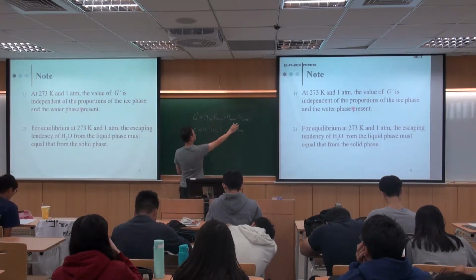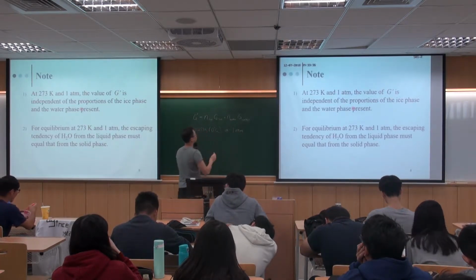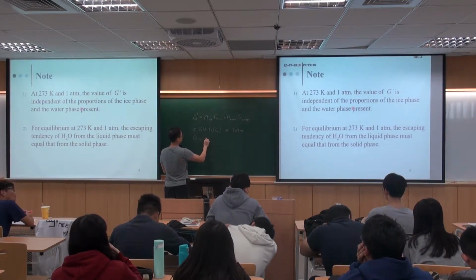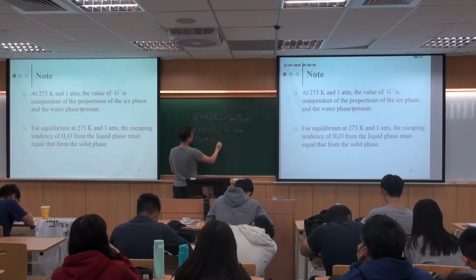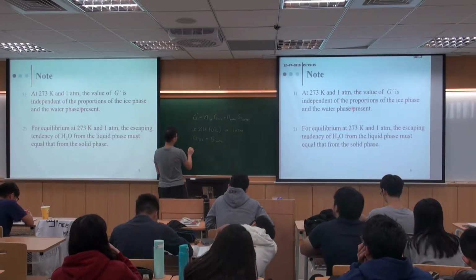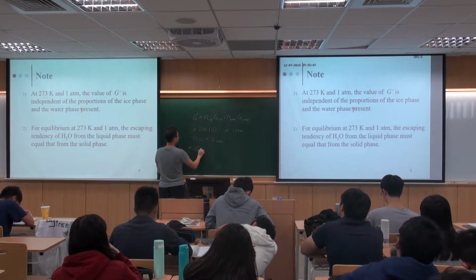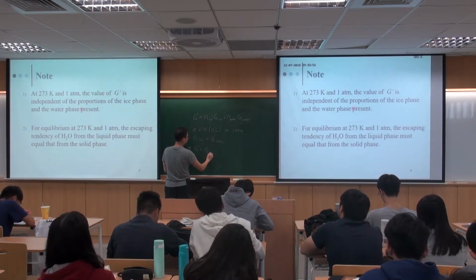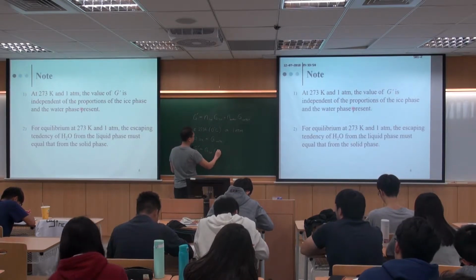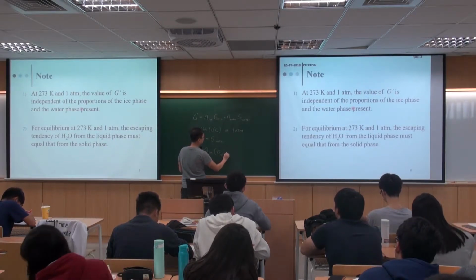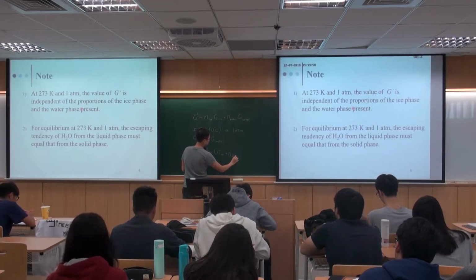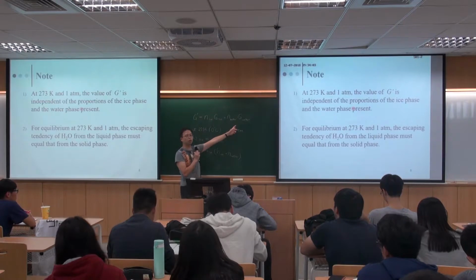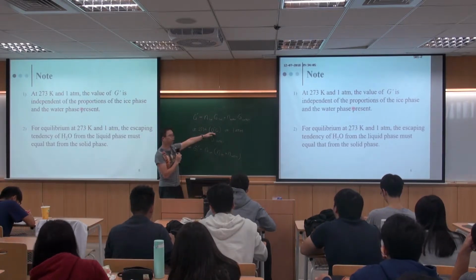So these two, water and ice, should coexist. So G ice should be the same as G water. Therefore, the total should be G ice times n, because these two are the same, only at this condition.